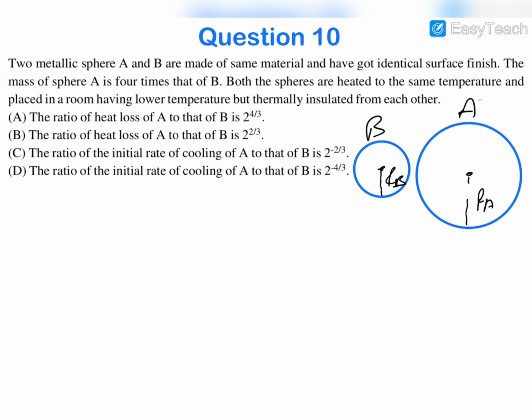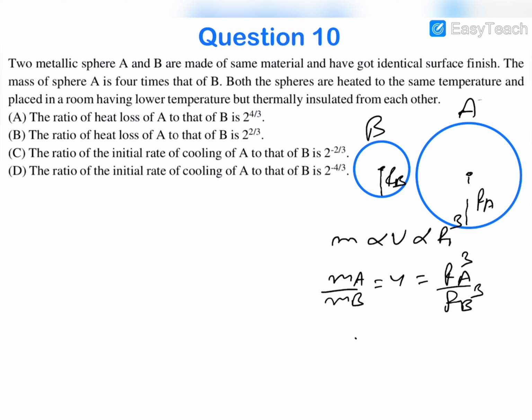So mass is proportional to volume if density is the same, obviously, and volume is proportional to R cube. So MA by MB is equal to 4, therefore it would be RA cube by RB cube, and RA by RB will be equal to 4 to the power 1 by 3.